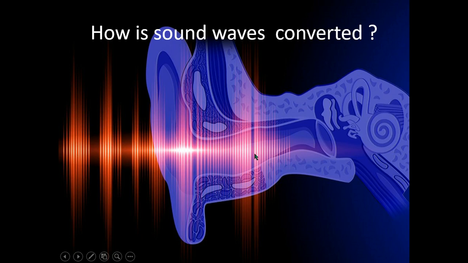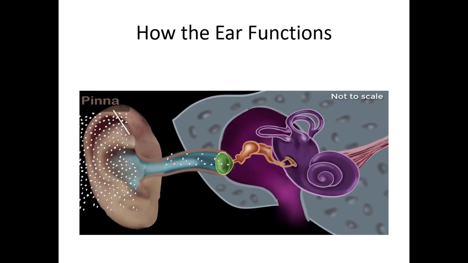So how exactly are sound waves converted, and how do we hear them? Sound waves are created by vibrating particles, and these particles get directed and collected by the pinna, then carried via the auditory canal.